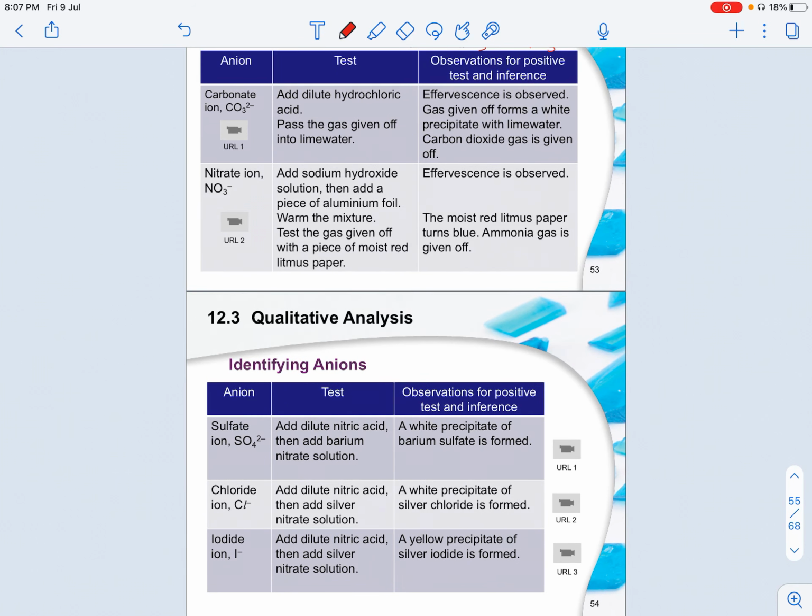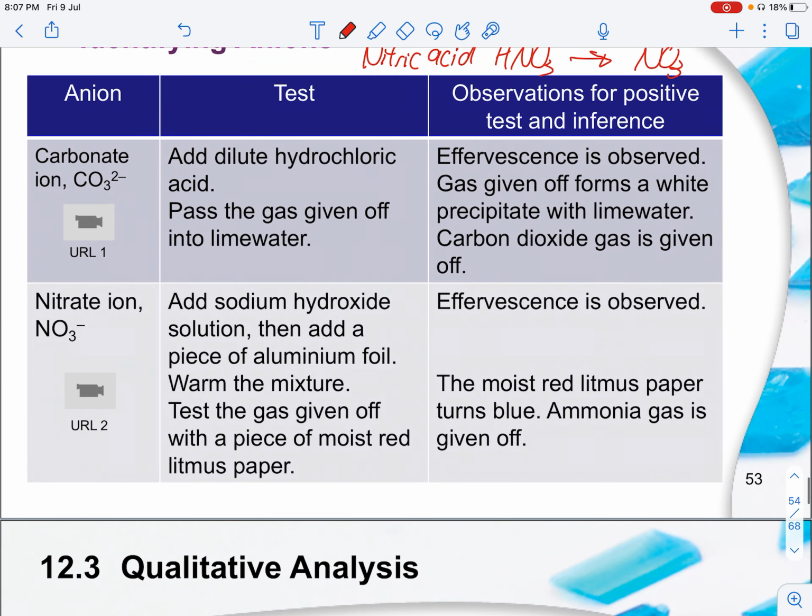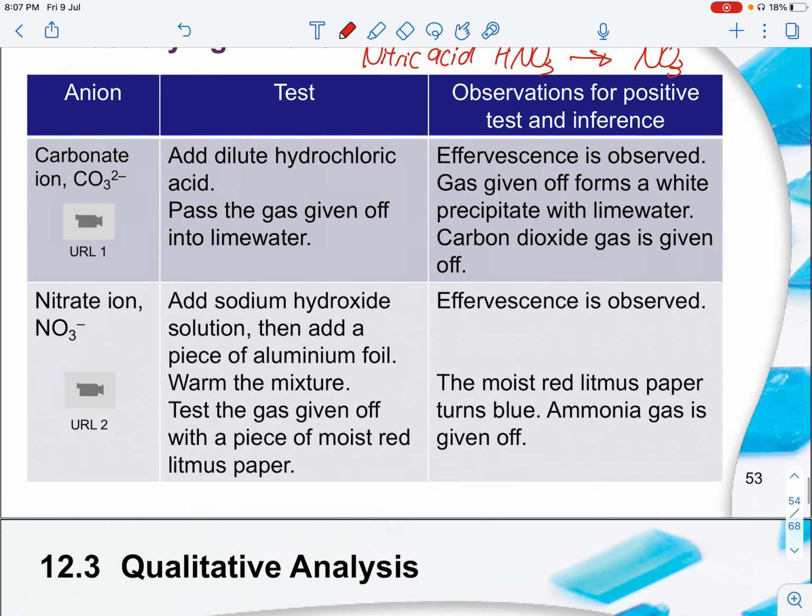So for carbonate ions, one very simple way to test is the production of the gas carbon dioxide, which will turn your lime water into a white precipitate. Secondly, for nitrate ions, you will want to add sodium hydroxide as well as a piece of aluminum foil.